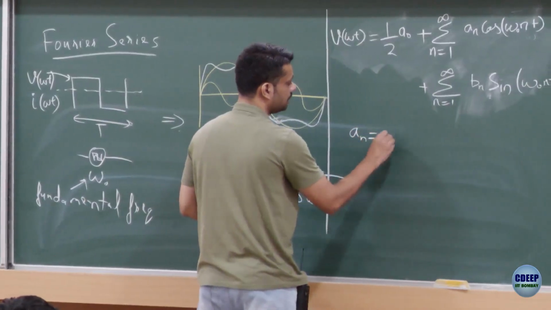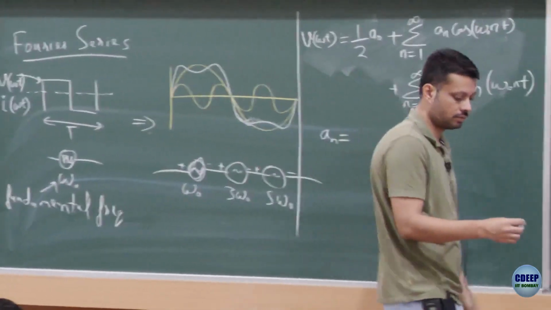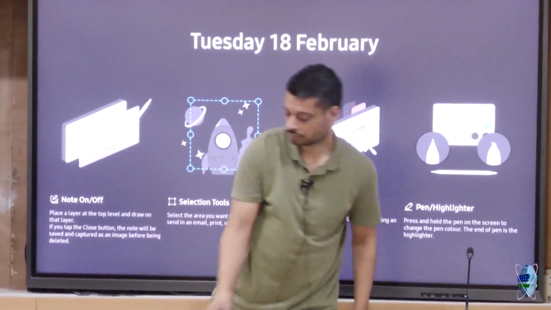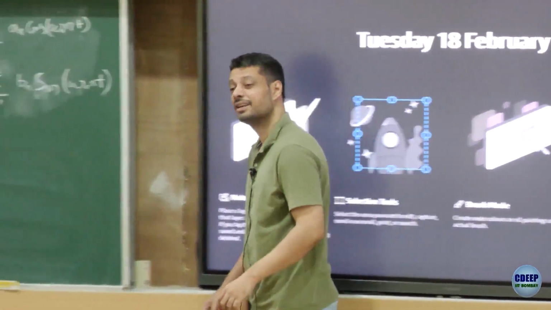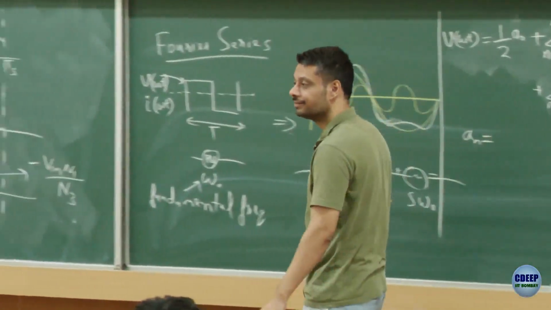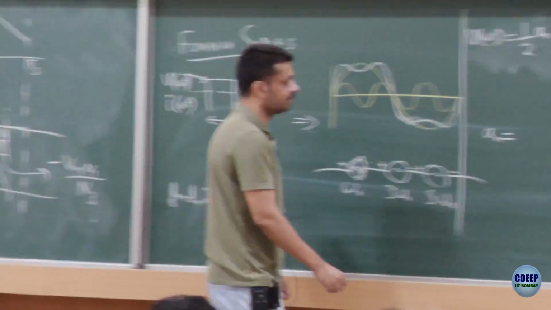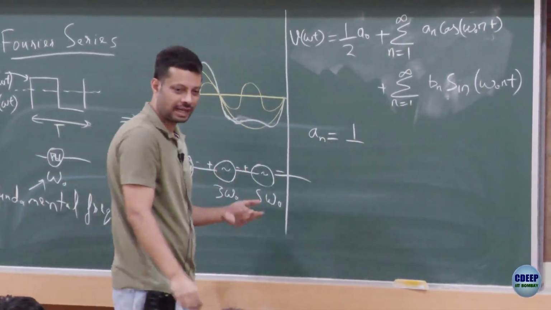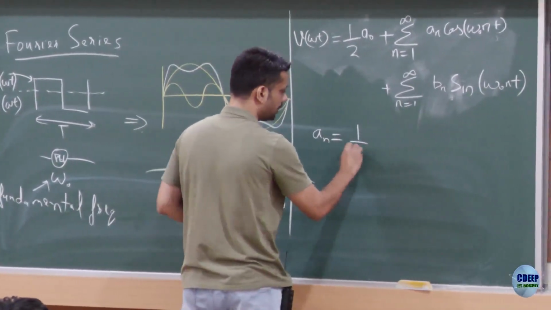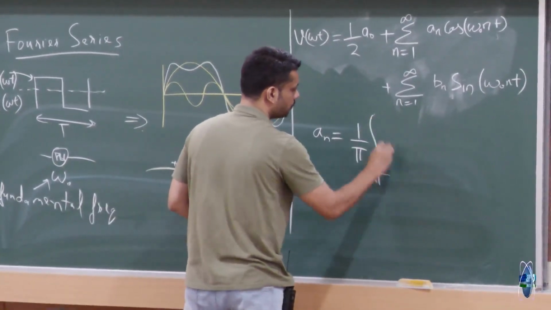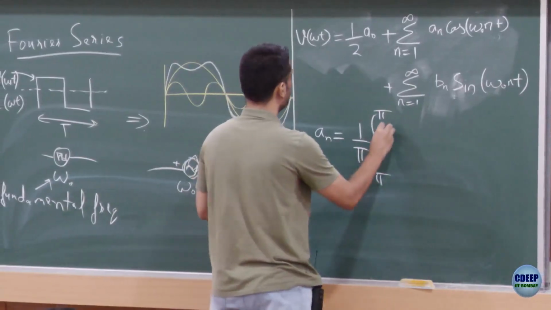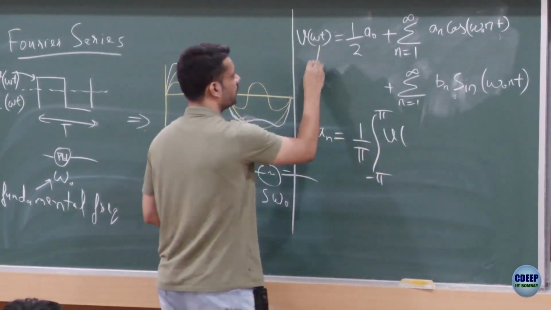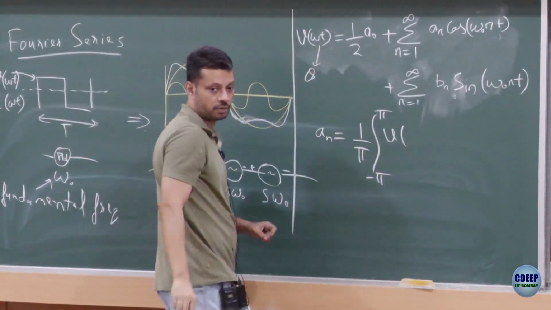A n is given by, anyone recalls, what was A n given by? Here we will talk about omega t, so we will talk about angle, maybe make it simpler, from minus pi to pi. Omega t is nothing but theta, which goes from minus pi to pi.